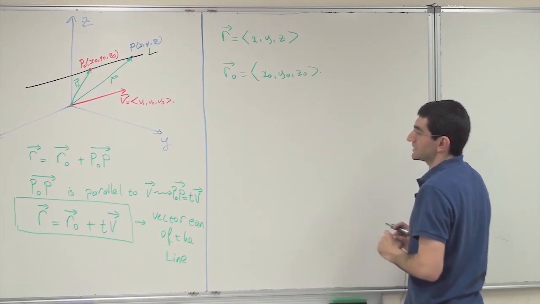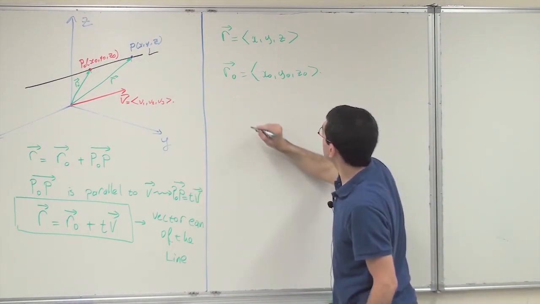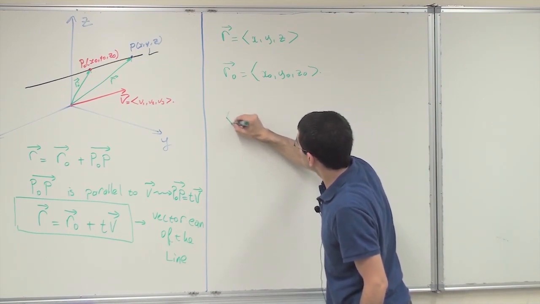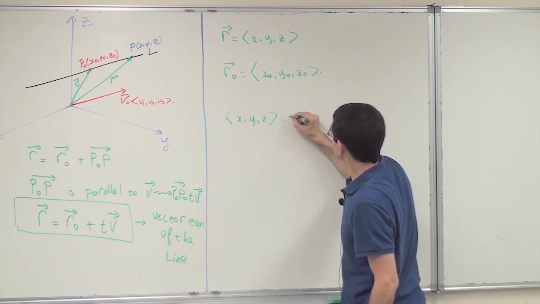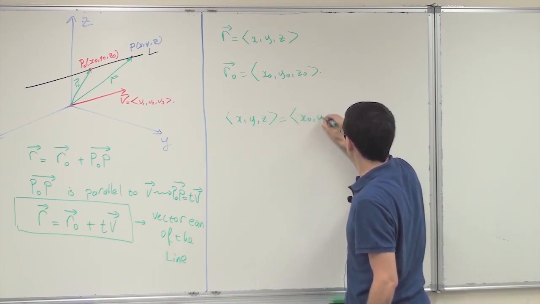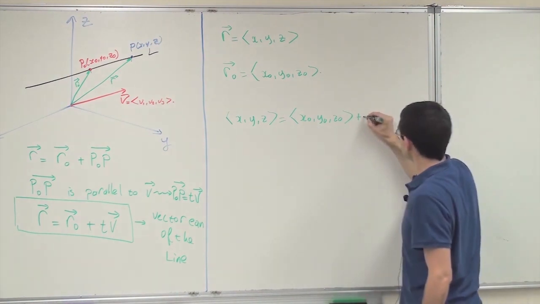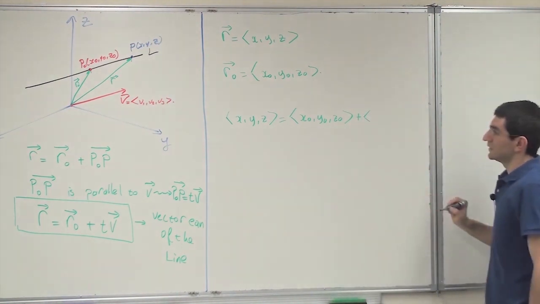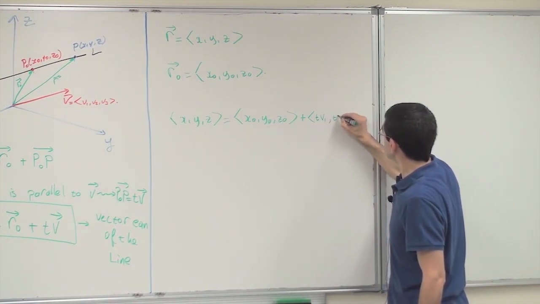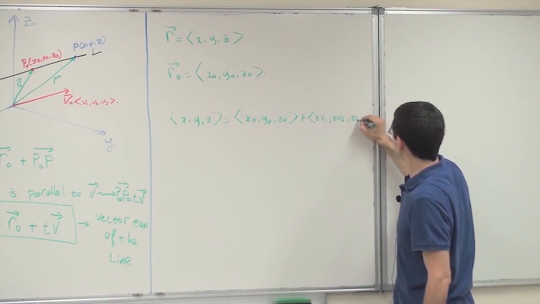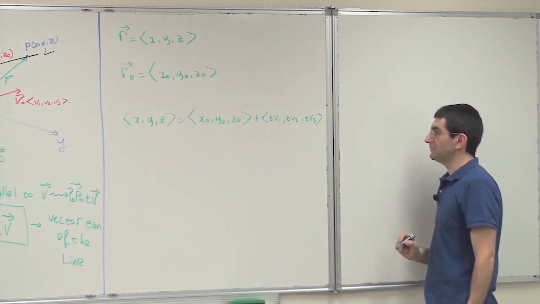So if I substitute these components in my vector equation, I'm going to have x, y, z is equal to x naught, y naught, z naught plus t times the vector v, which is t times v1, t times v2, and t times v3. I multiply each component of v by t.